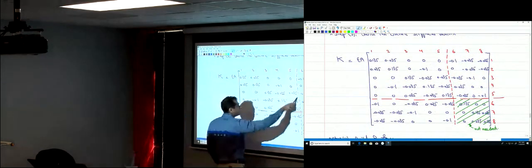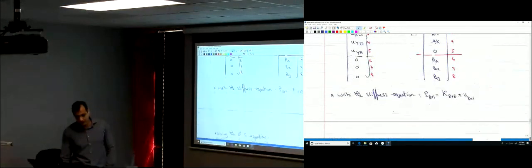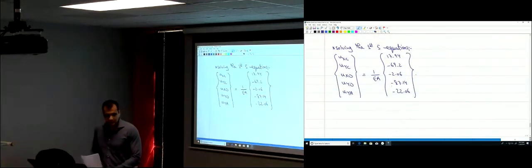Okay? Just solving the first 5 equations of that stiffness matrix. Okay? P, which was known, equal to this, multiplied by those unknown 5 displacements, finding the inverse of that matrix and multiplying it by P, you're just going to get U. Okay? And then you can solve the last 3 equations to find the reactions.